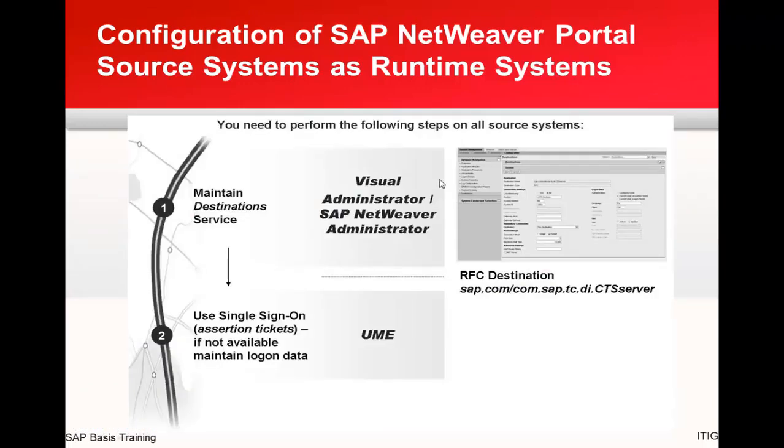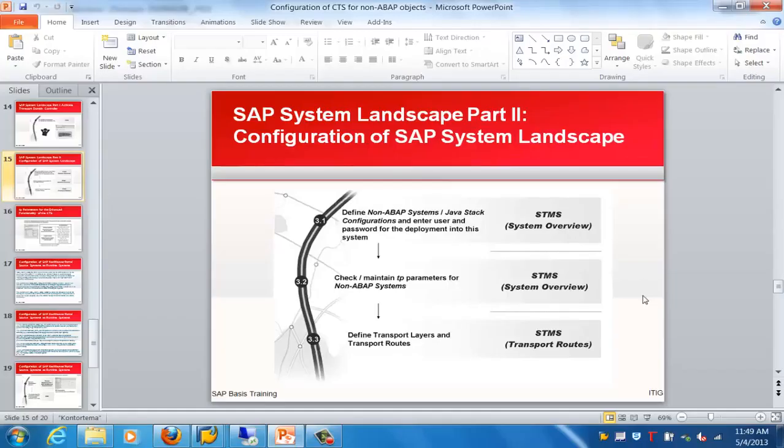In the portal system, you can see that you need to maintain the destination service and enable single sign-on. This is basically the RFC destination that needs to be defined. All right, that's all I wanted to cover in this particular training session. Thank you.